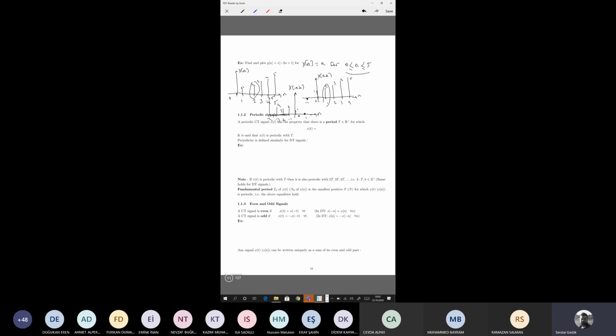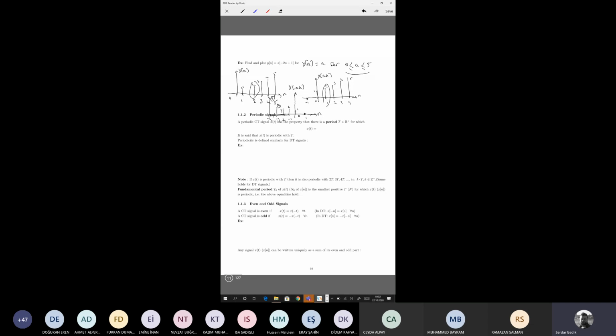This is somewhat confusing, but I do nothing but time reversal. At 4, it was previously 5, but now it is 5 at minus 4. It was 4 at 3, now it is 4 at minus 3. So this is my x of minus n plus 1.